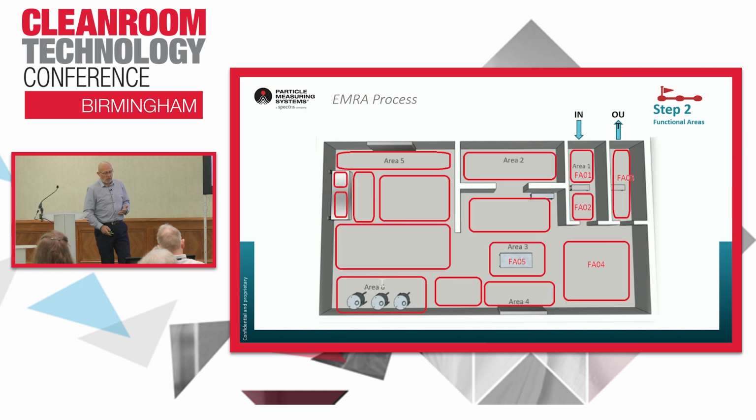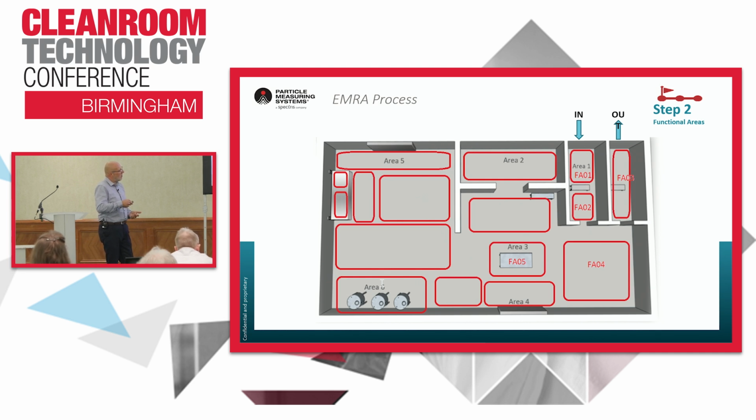And then what we do is divide this into what we'll call functional areas. What you'll see is not every bit of the room is an area, and all these areas are different shapes and sizes. It's getting away from this classification where it's very formulaic, but we're looking at an area. Just as an example, coming into the room, we're coming in and gowning at the step over bench, and that's maybe more critical, so we'll perhaps have that as two different functional areas.